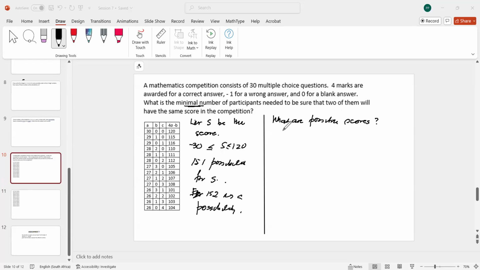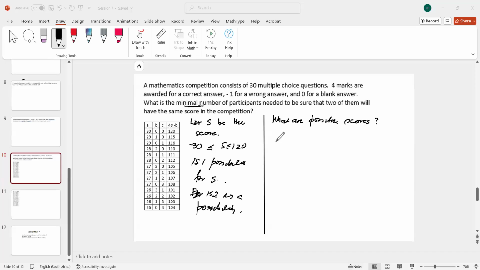All right, the 4s add to the score. We are looking at one particular paper, and we are seeing how many 4s there are.